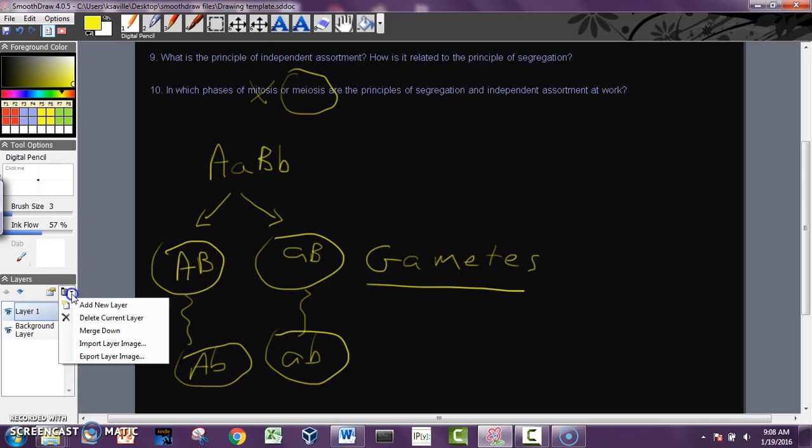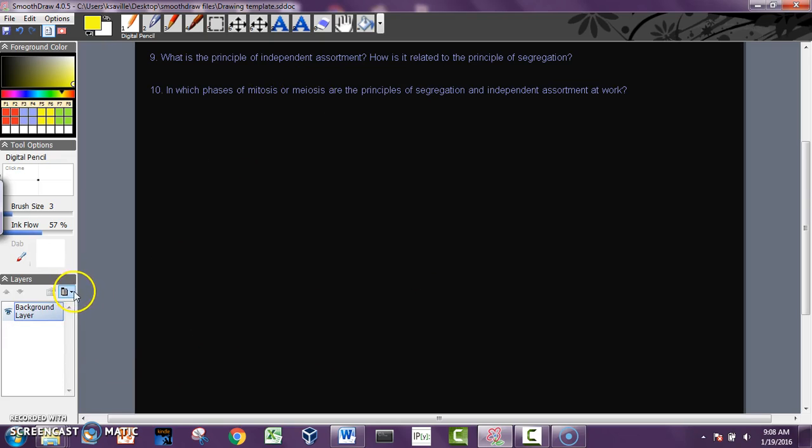Alright, so I'm going to get rid of this layer and add a new layer. The way we see that in a cross is we'll have big A, little a, big B, little b. And if we have independent assortment, we can get gametes: big A, big B; big A, little b; little a, big B; little a, little b.